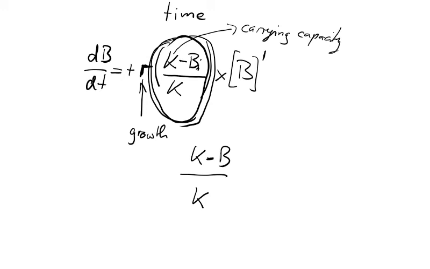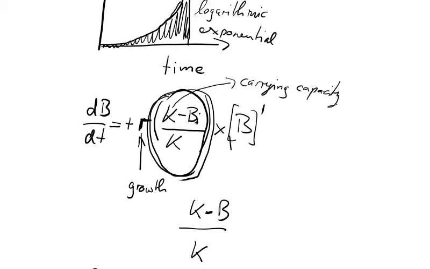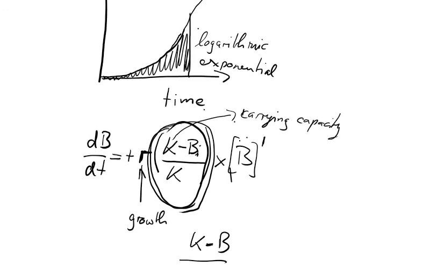What happens if the population, if B is much, much smaller than K? We are somewhere here in this region.